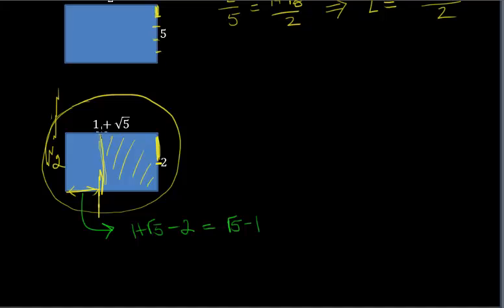So we know that for this smaller of the rectangles, the one I'm shading in green here, the length over the width will be L over W is equal to 2 over the square root of 5 minus 1.